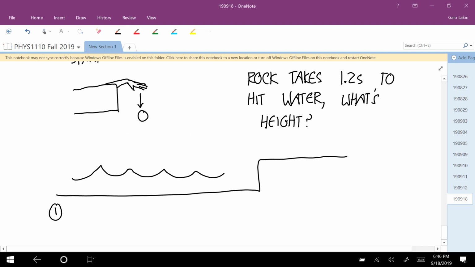What do you want to choose as position equals 0? There are probably two choices people would tend to make. One is you call it 0 where the rock is released. And the other one is you call it 0 at the water. Either one of those is fine. I'm going to put the 0 here for this problem.